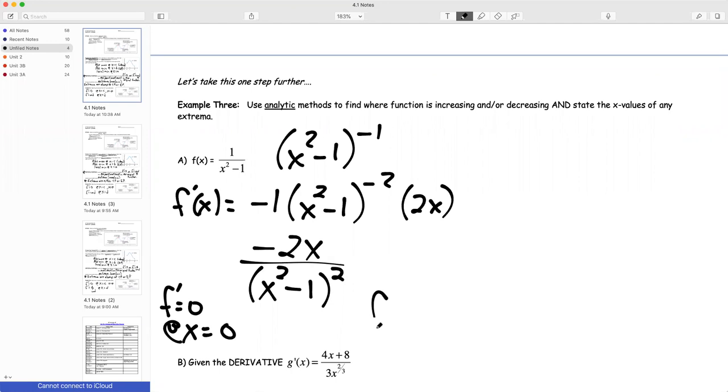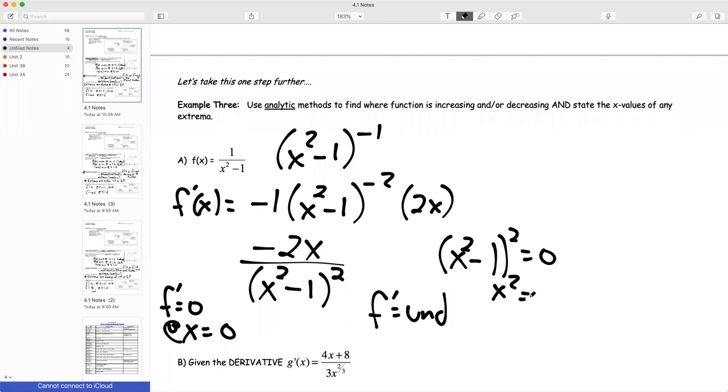And then f prime is going to be undefined whenever x squared minus 1 squared equals 0. So solving for this, I take the square root of both sides and the squared goes away. So I have x squared is equal to 1. So x is equal to plus or minus 1.